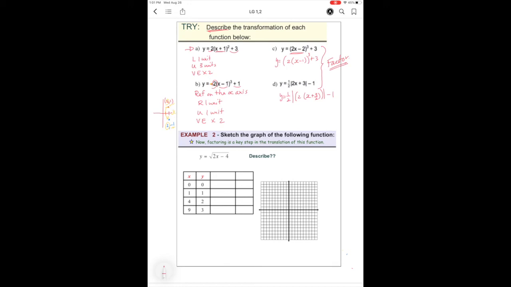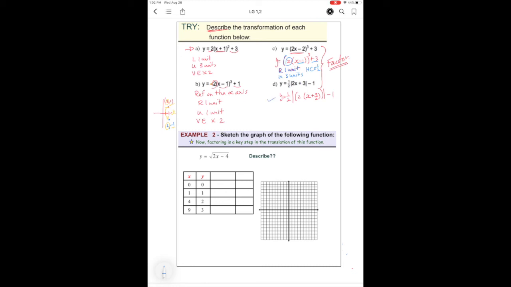Now what you're going to do is describe. So here it's going right 1 unit. And this is going up 3 units. And this guy is doing a, inside the bracket, that's why I did the brackets, a horizontal compression by a half.